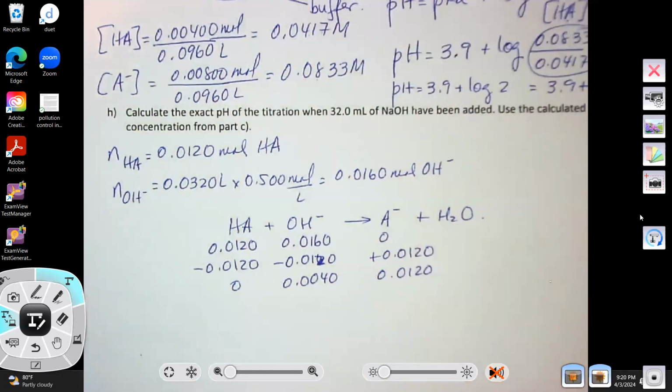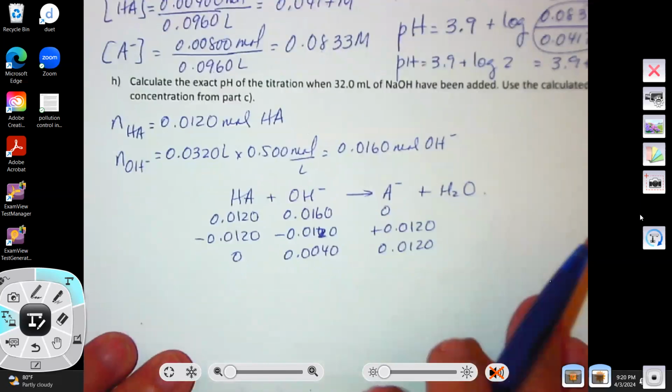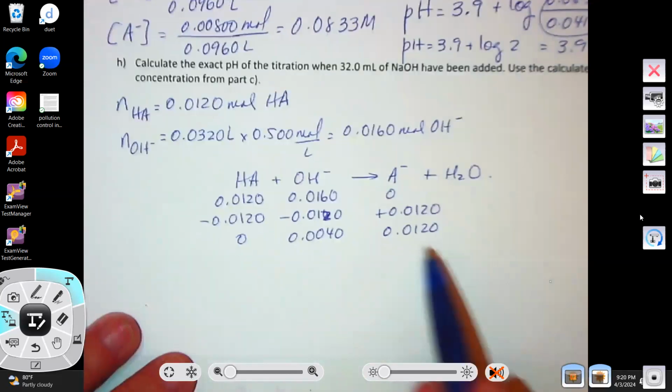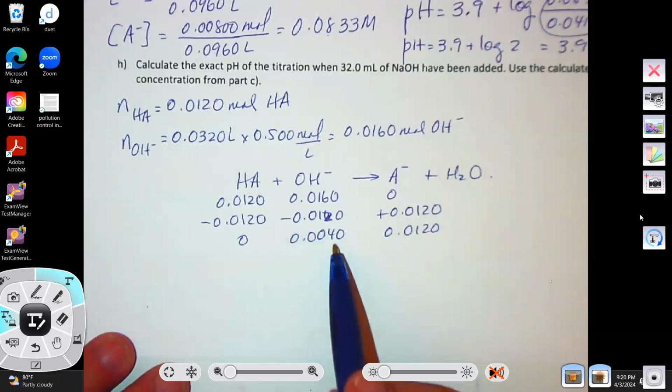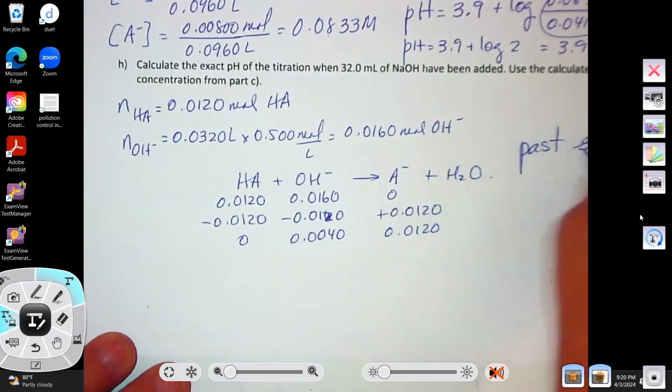However, once you pass the equivalence point, the amount of basicity that your conjugate base is going to give you is insignificant compared with the excess of the sodium hydroxide. So since you are past the equivalence point, how do I know I am past the equivalence point?